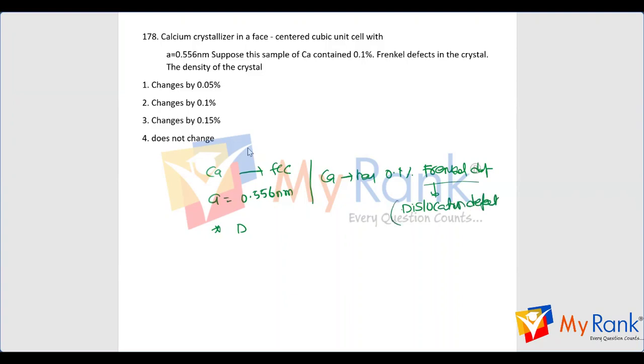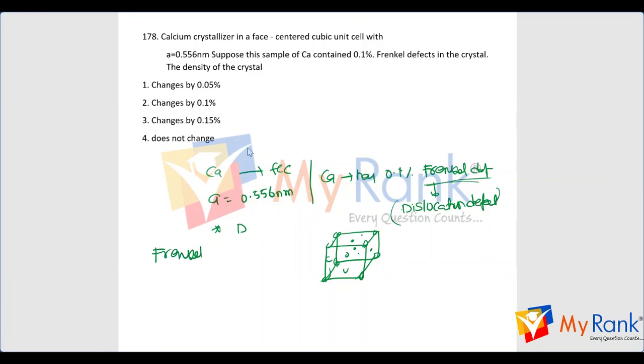Dislocation defect means if you take any FCC unit cell, the calcium atoms must be at the lattice points, corners as well as face centers, like this one. But due to Frenkel defect, instead of occupying lattice points, these atoms occupy interstitial spaces. Instead of lattice points, the voids will be occupied by the ions. Therefore, in the Frenkel defect, there is no change in the density.